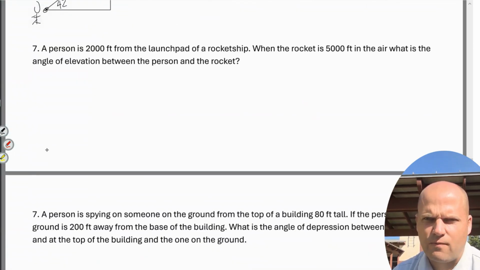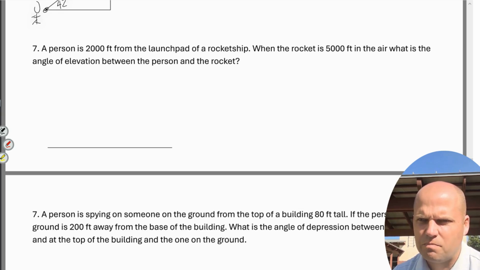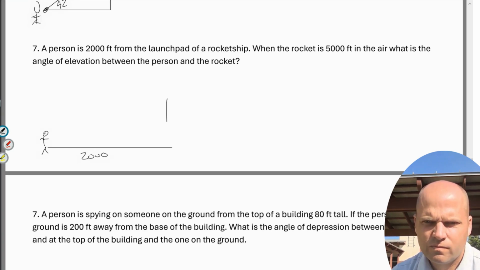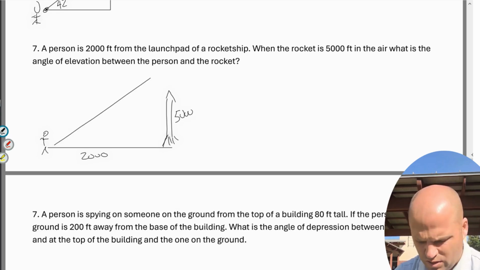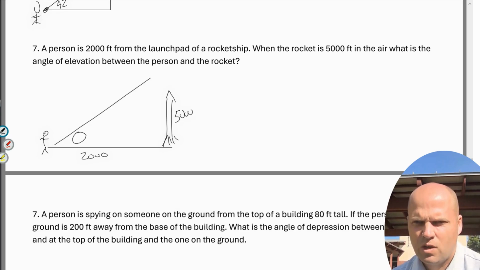A person is 2,000 feet from the launch pad of a rocket ship. Cool. When the rocket is 5,000 feet in the air, what is the angle of elevation between the person and the rocket ship?